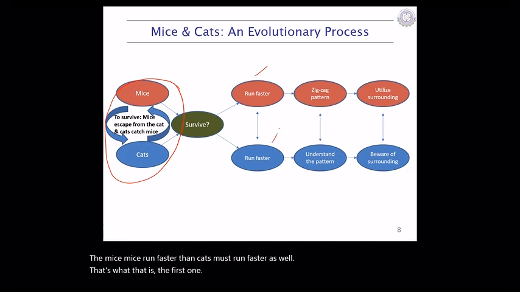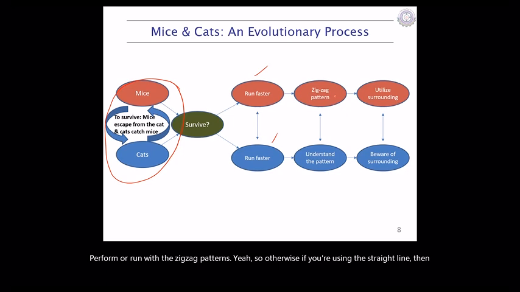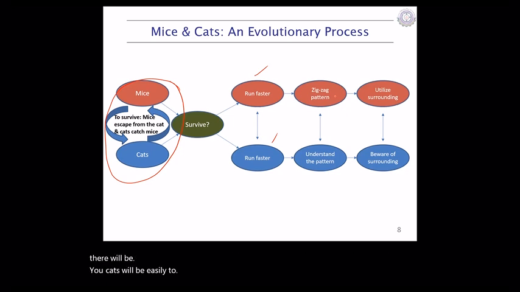And then the second one, after running faster, mice have to run with zigzag patterns. Otherwise, if they use a straight line, cats will easily catch and grab the mice.